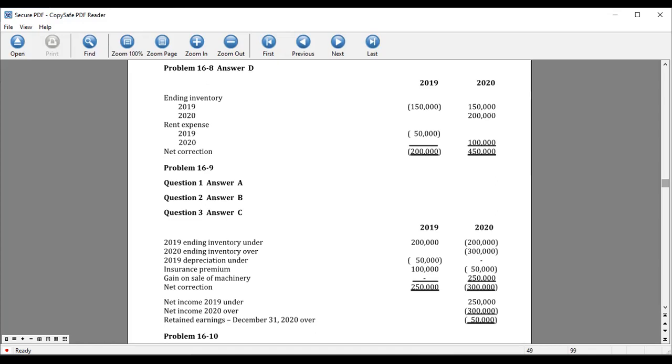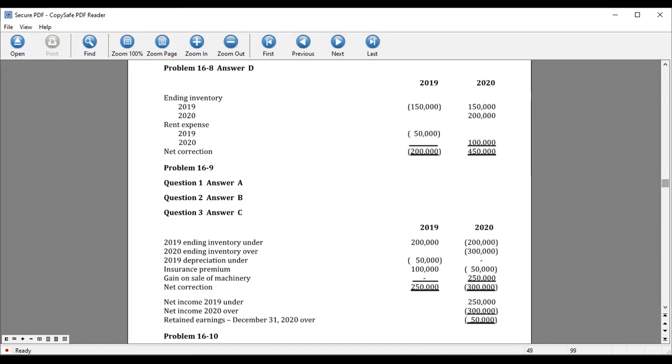Then net income 2020 is over by 300,000. So the retained earnings here is 50,000. That's for 16-9. The answers are number 1, letter A, number 2, B, and number 3, letter C.